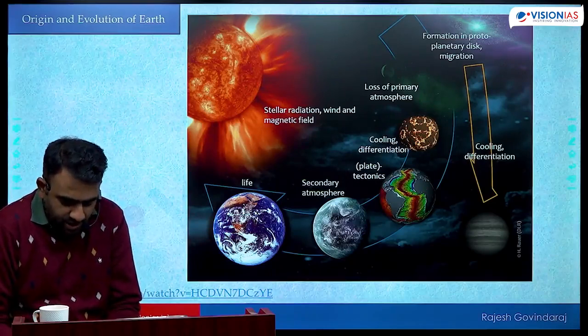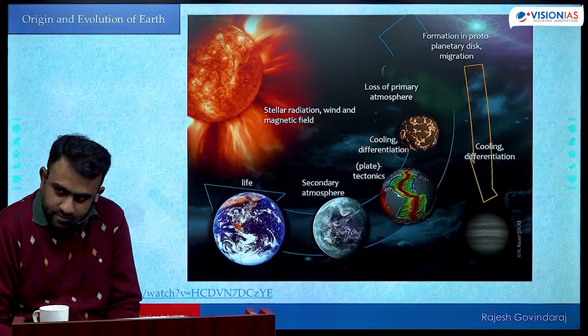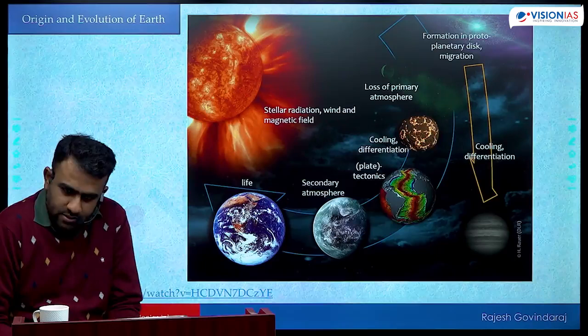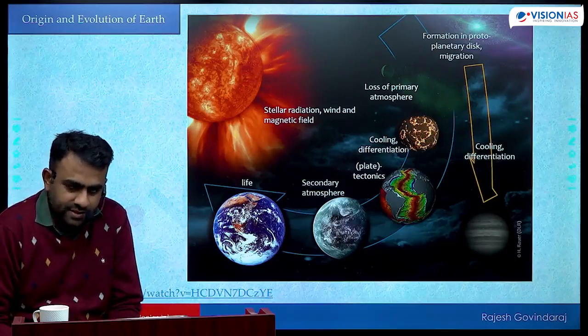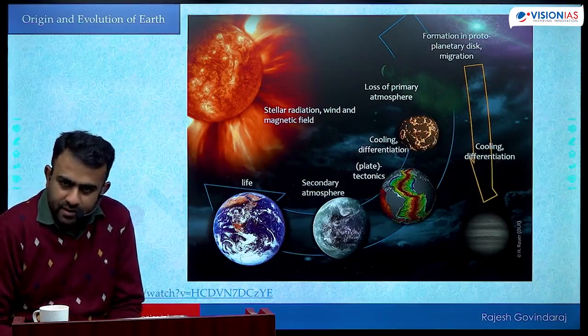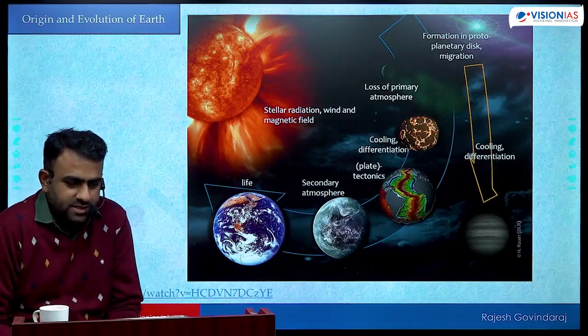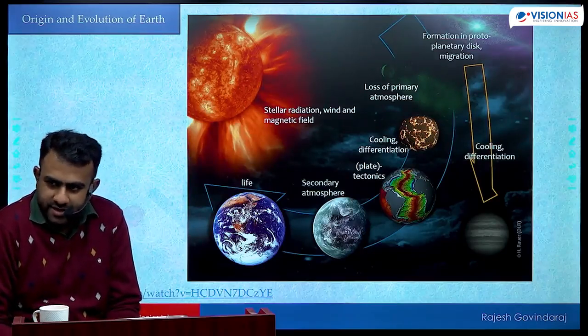There was a spinning gaseous cloud. Further contraction caused a faster rate of spinning. Faster rate of spinning caused the formation of disk shape. Because of the disk shape, gradually rings of matter will get ejected.